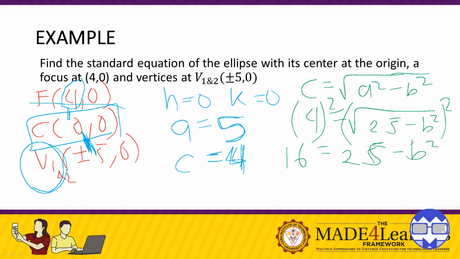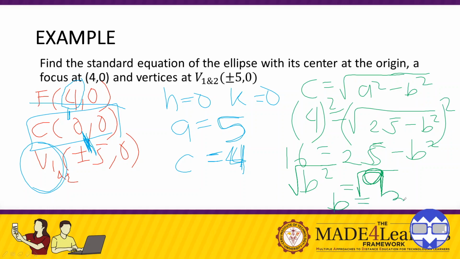Using the properties of equality, b squared equals 25 minus 16, which is 9. Getting the square root of both sides, we have b equals 3.